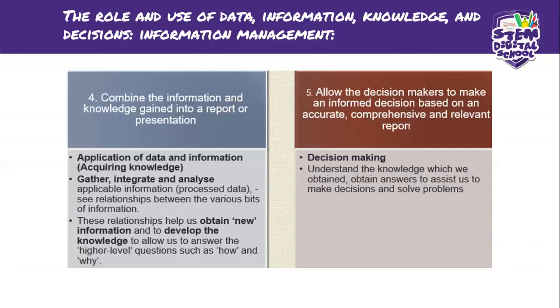So the steps are data, information, knowledge, and decision making. I am now able to make decisions. At first, I collected data about homeless people and turned that data into information.